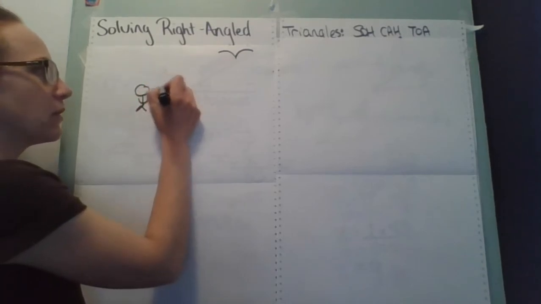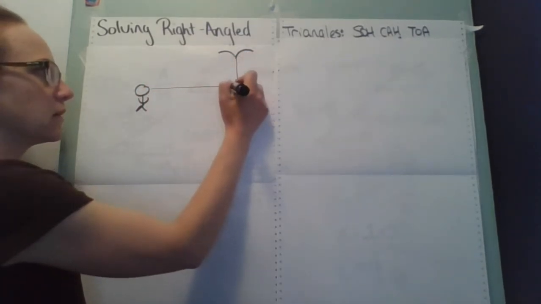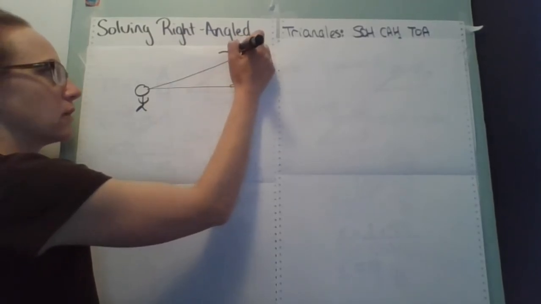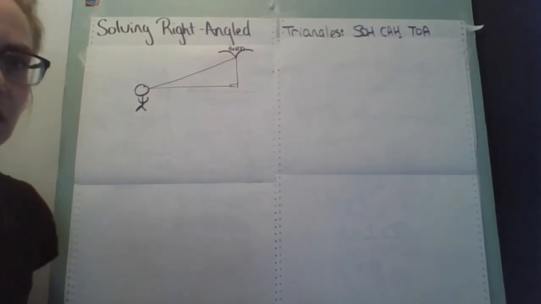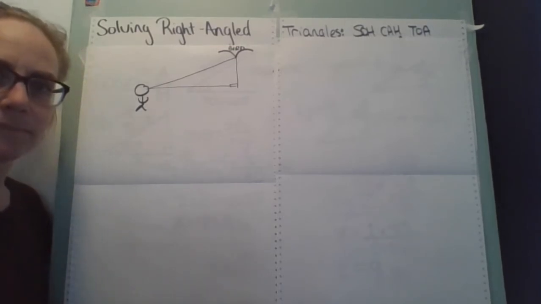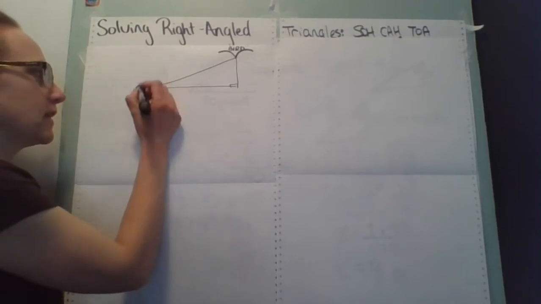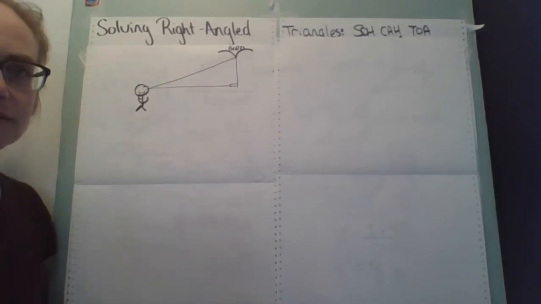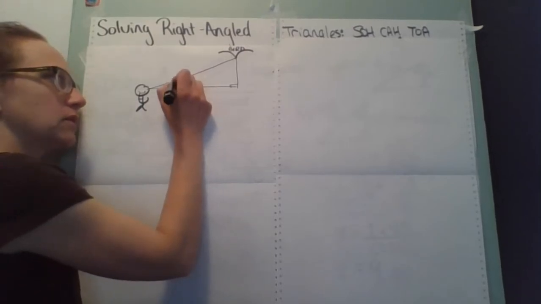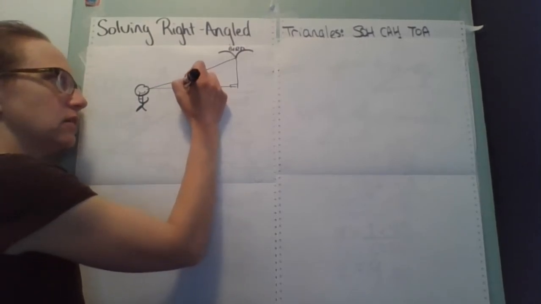And let's say we want to figure out some of the values that we have in here. So there's my bird. I'm not an artist. I don't even know what that looks like now. Okay. So there's my bird. There's my person. Yay, happy math person. Okay. And let's see, what are some of the things I could figure out? We can talk about what's called our angle of elevation.